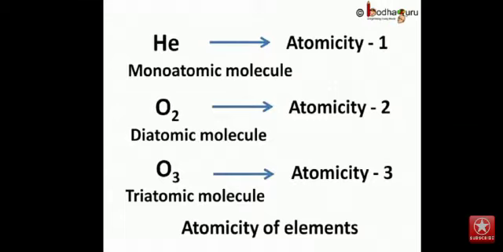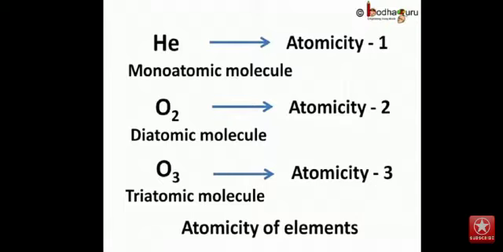And what about elements? Molecules of many elements such as helium, which is represented by the symbol He, argon, etc., are made up of only one atom of that element, and we say it's a monoatomic molecule having atomicity equal to 1.